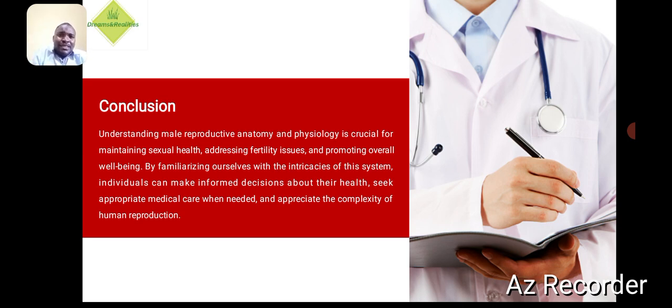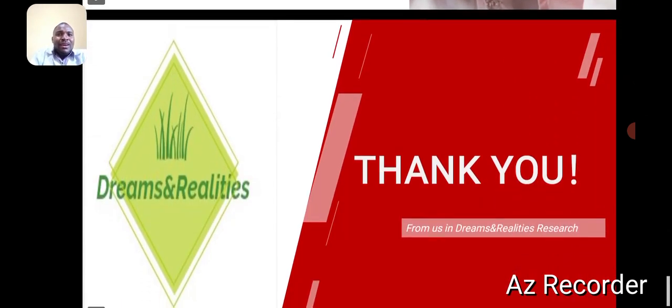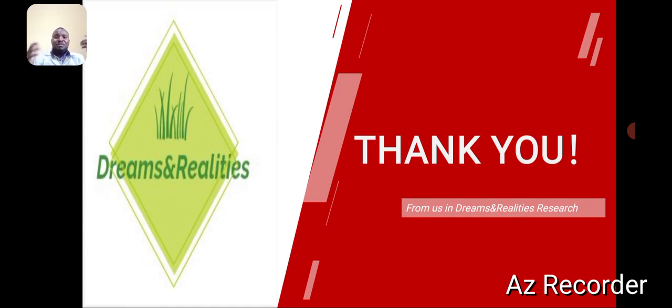By familiarizing ourselves with the intricacies of this system, individuals can make informed decisions about their health, seek appropriate medical care when needed, and appreciate the complexity of human reproduction. All right, I believe you have learned a whole lot from what I have shared with you today. You have actually come to know that the penis is not just everything. There are more things that are all working together to promote male reproductive health.